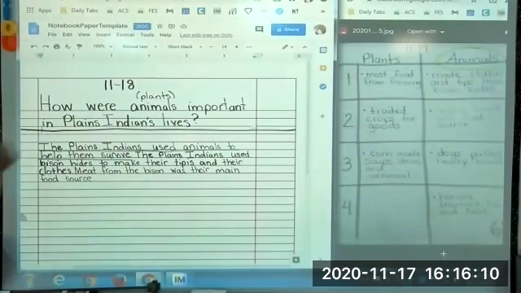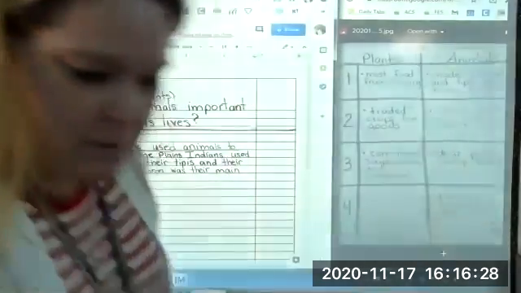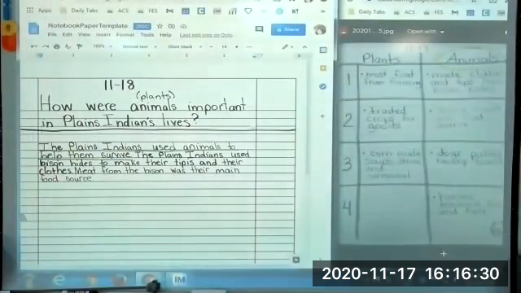Okay, so I used my first two pieces of evidence and I kind of put them together because they're both about the bison. And I wanted both of them to be together. So this is my first piece of evidence. But I don't have first on here. I need to underline what I wrote, my first piece of evidence, in yellow.